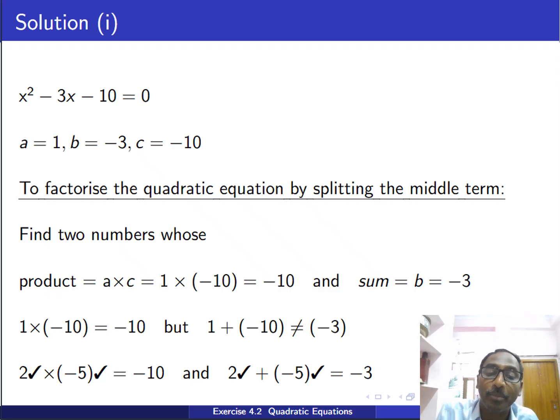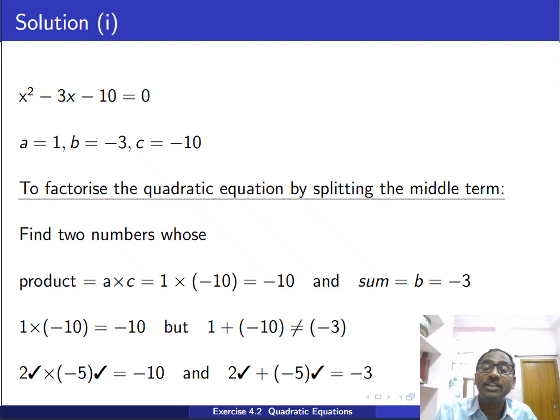So 2 times minus 5 gives minus 10. Product AC, a times c, I got minus 10. If I add those two numbers, 2 plus minus 5, this is also giving minus 3.